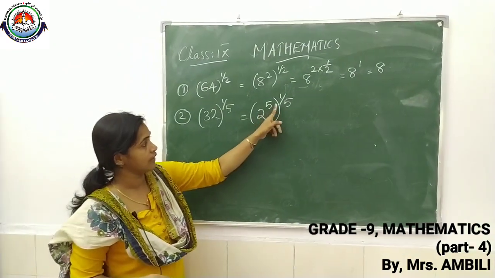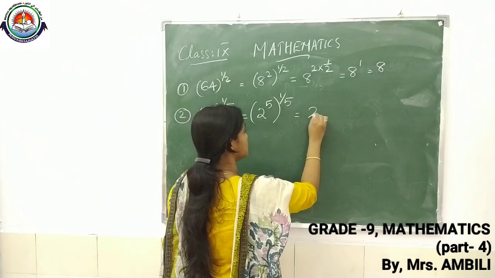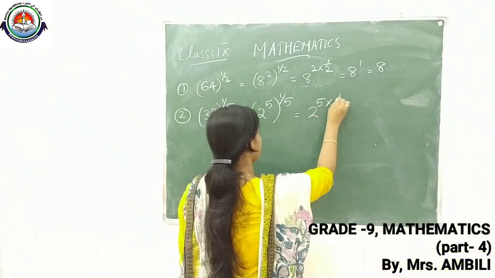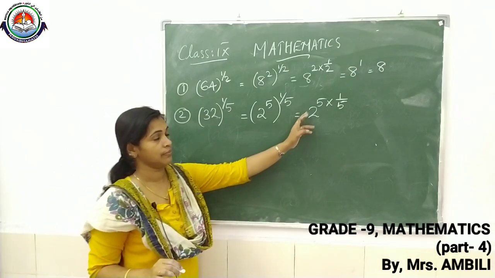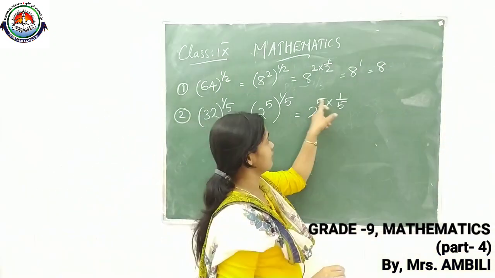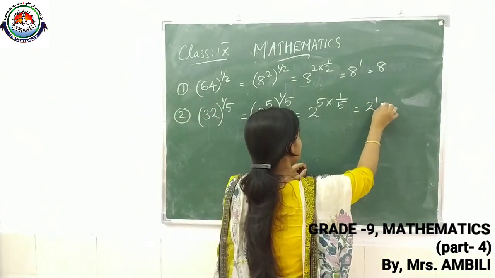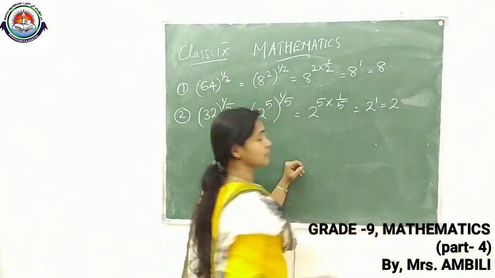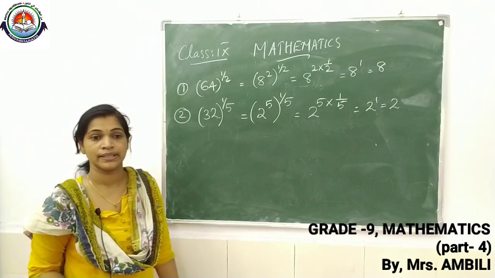So 2 raised to 5, all raised to 1 by 5, is equal to 2 raised to 5 into 1 by 5. This 5 and 5 we can cancel. So what will you get? 2 raised to 1, equal to 2. Clear? Okay.